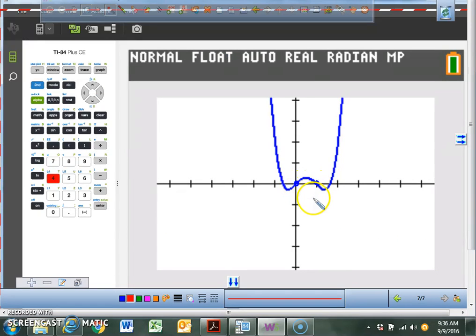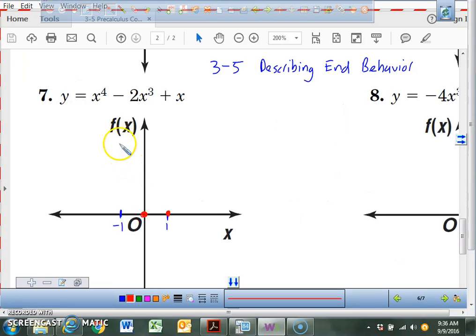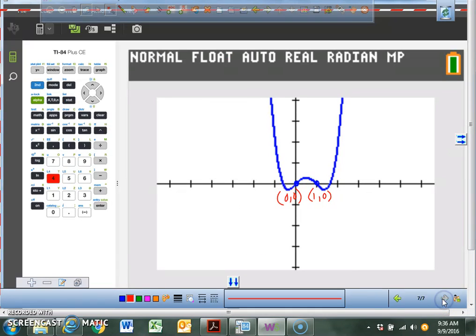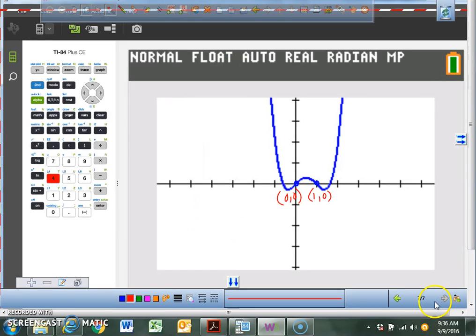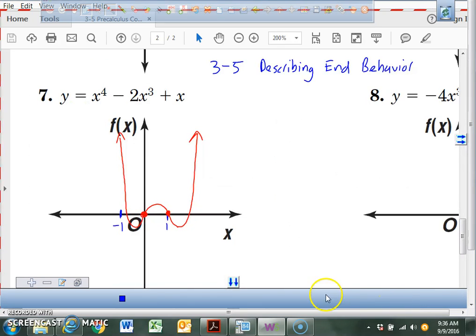It looks like the graph comes down, bottoms out, comes up through 0, 0, goes down through 1, 0, and then goes back up. So just make a reasonable graph. Let's go ahead and make that on your paper.